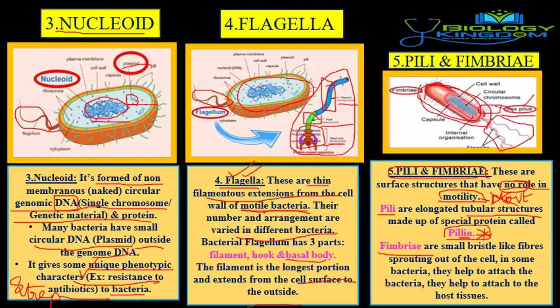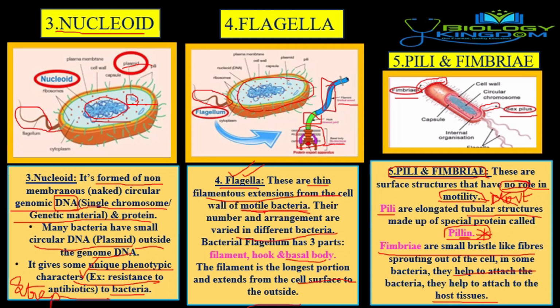Next, fimbriae are bristle-like fibers sprouting out of the cell. So these are fimbriae which are coming out from the cell, and the tube-like structures are sex pili. Hair-like projections are fimbriae and the tube-like structures are villi. So these help in the attachment of bacteria to the host tissues.